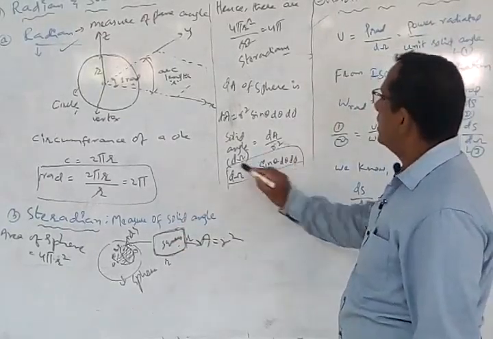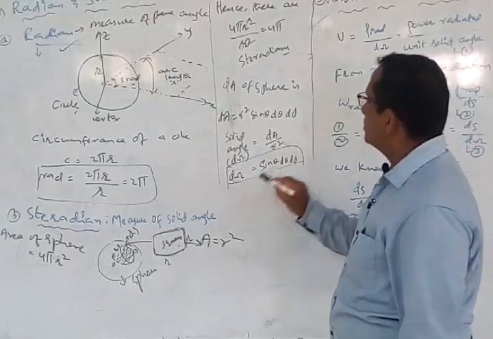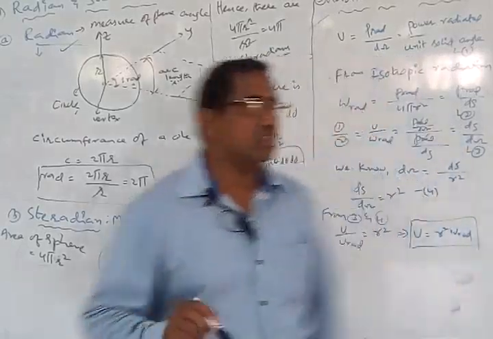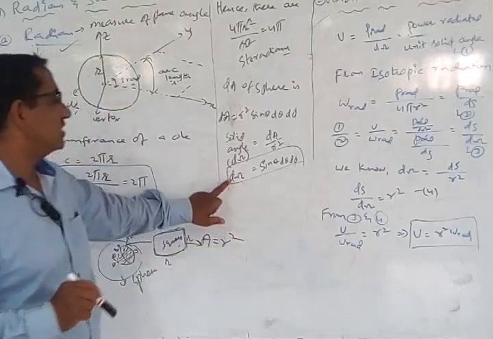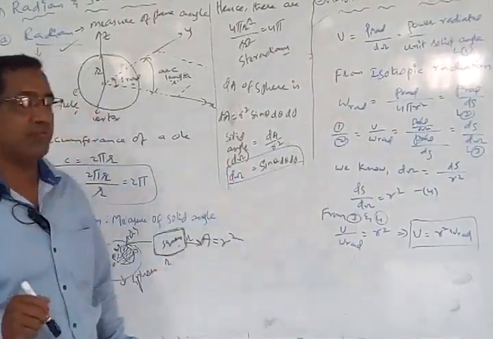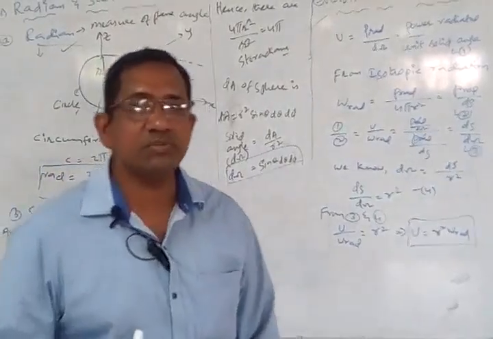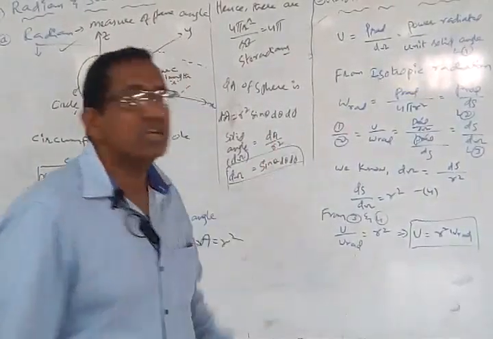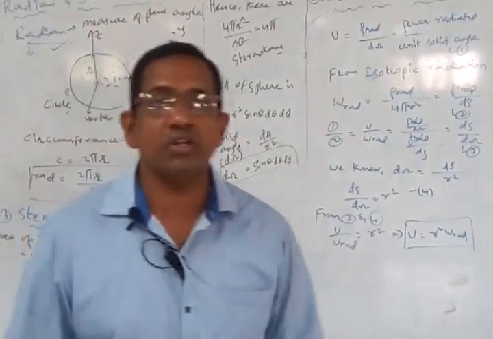So I will be getting d omega equal to sin theta d theta d phi, which is nothing but steradian. These are the basic derivations which we normally require for solving the problems.